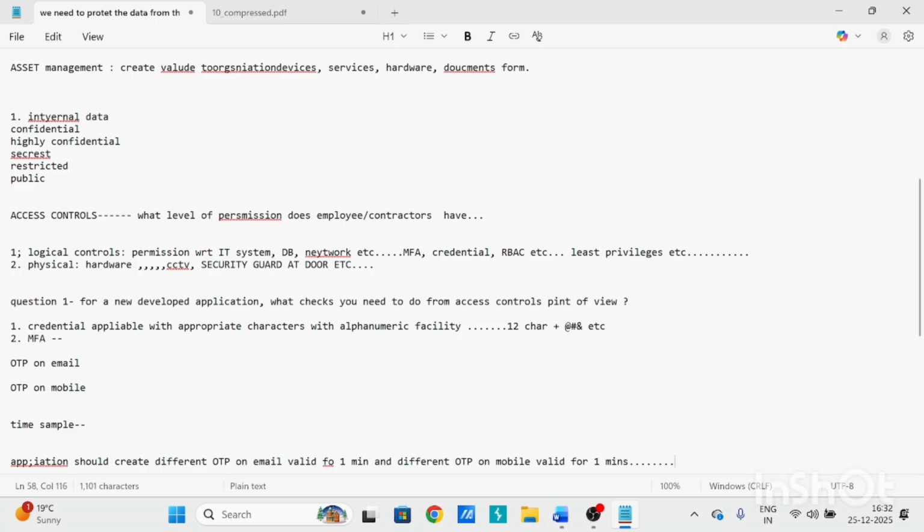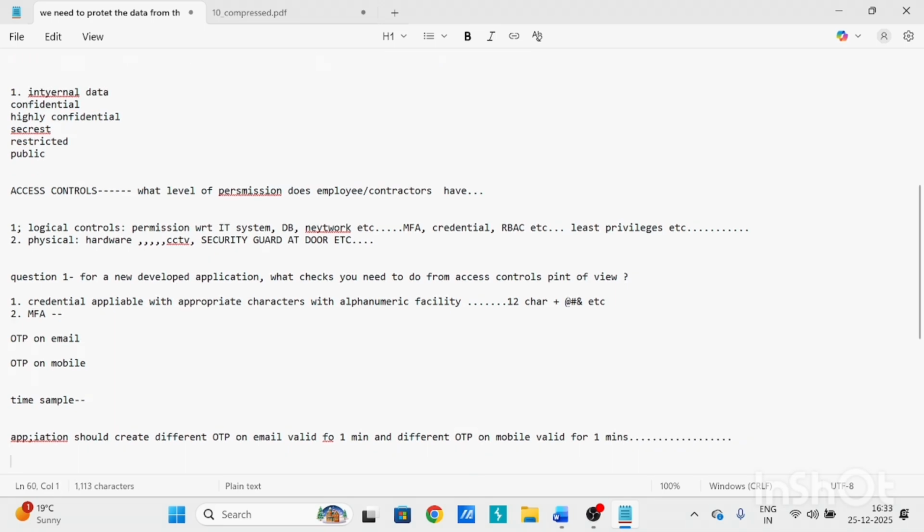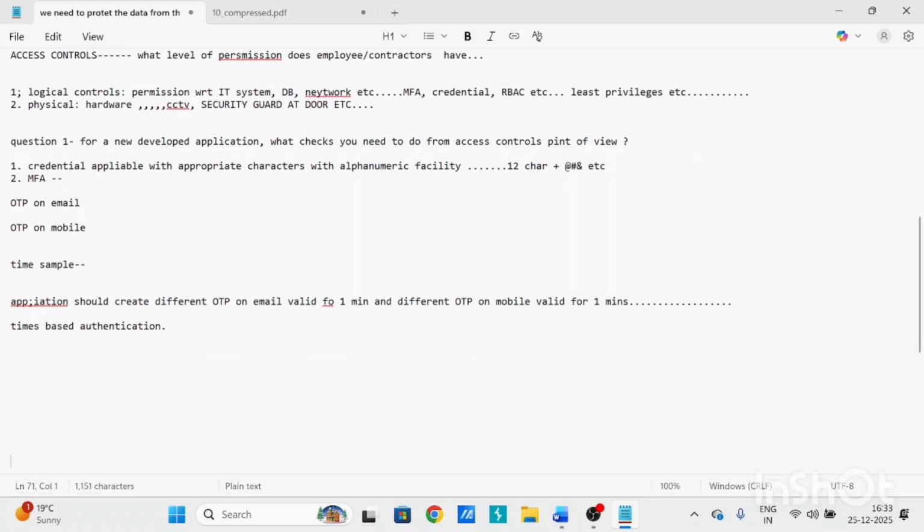After 1 minute, if you miss any one OTP, then your complete authentication fails. This is called time-based authentication.